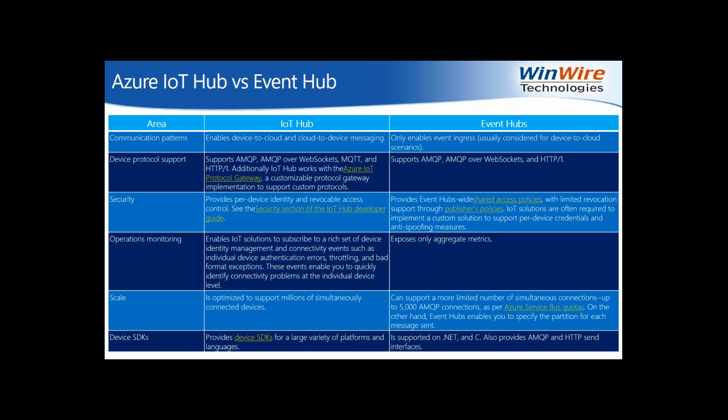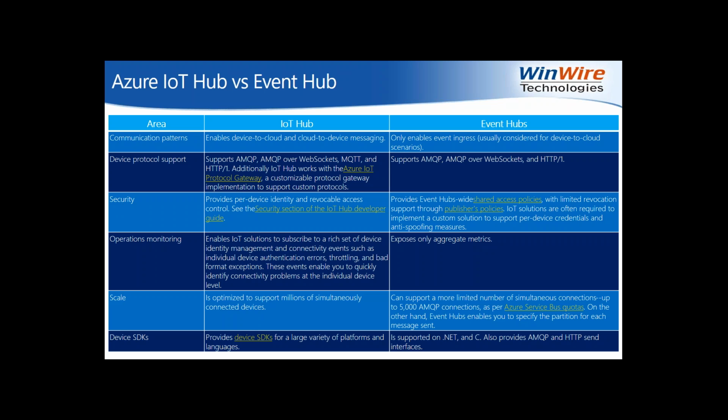Operation monitoring, as I talked about, you can monitor like every individual device. You can get the number of devices that are connected, and then what are the devices that are sending messages, what are the messages that each device is sending. You can track it to that level. But when it comes to Event Hubs, you can get only aggregate metrics, like so many messages have been received on so and so time.